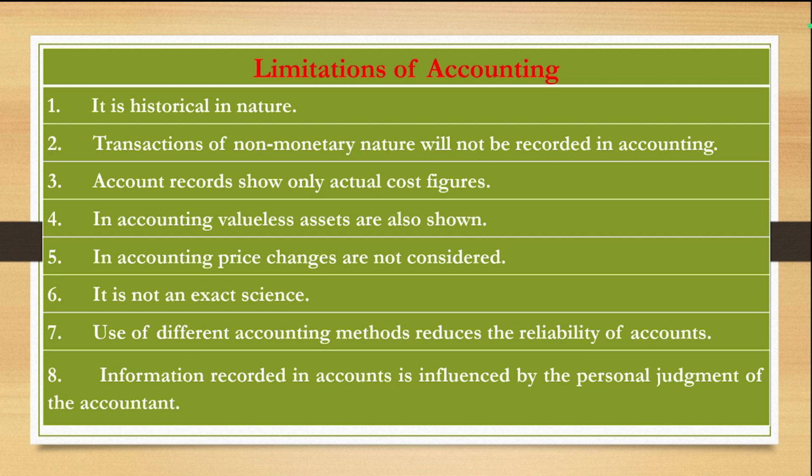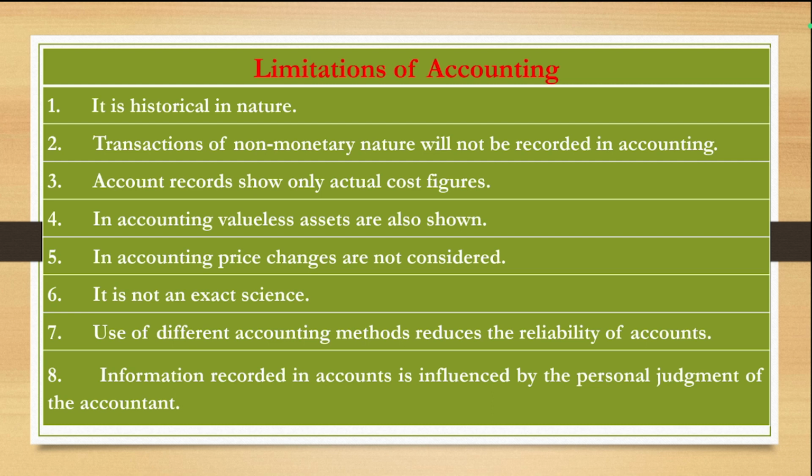Next one is, it is not an exact science. Whosoever says accounting is not an exact science, in this I can say accounting is based on certain rules, regulations, and facts. On the basis of that, financial accounting works. So this limitation also can be overlooked.